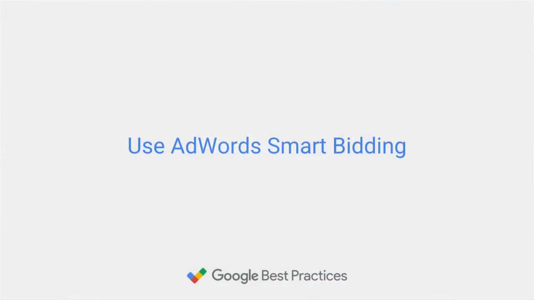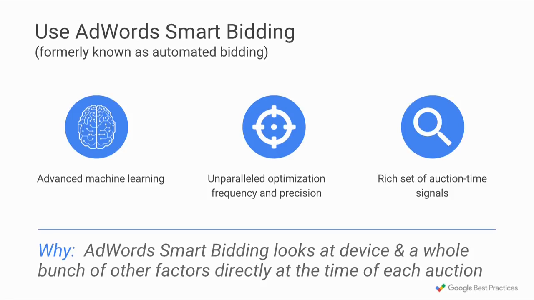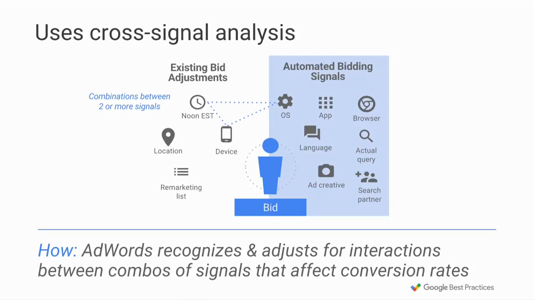Cool, thanks, Leo. And as we're talking about efficiency, if you're reevaluating right now your current bidding methodology, we actually encourage you to consider AdWords Smart Bidding, formerly known as AdWords Auto Bidding. The reason being is that AdWords Smart Bidding really takes into consideration a multitude of signals for you. It uses advanced machine learning and really sets the optimal bid for every auction. In addition, it also takes into consideration the relationship between these signals.